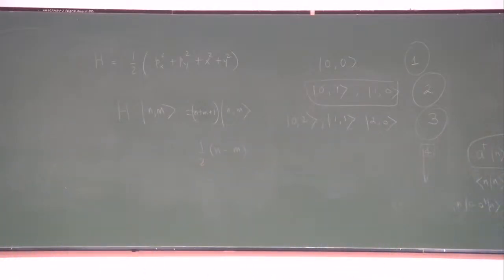Where is that angular momentum built in here? Angular momentum is related to rotations, right. Angular momentum r cross p is related to rotations. I can understand rotations between x and y, but that's not a 3-dimensional rotation, it's only a 2-dimensional rotation.